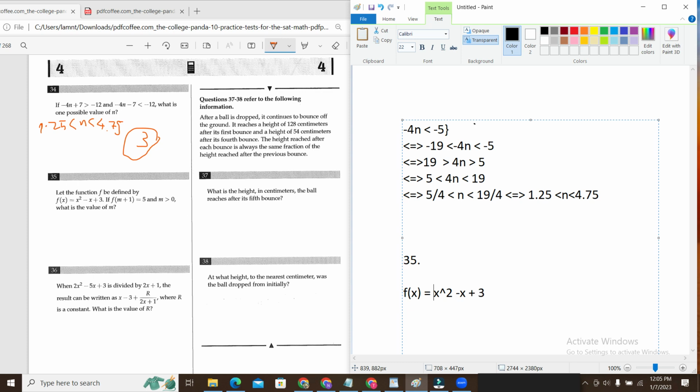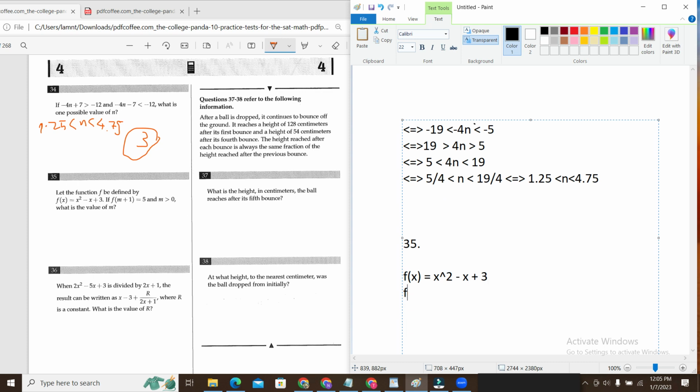So let's first calculate f of m plus 1. f of m plus 1 just means that everywhere you have x, you're gonna replace it with m plus 1. So that is m plus 1 squared, because x is replaced by m plus 1, minus m plus 1, plus 3.